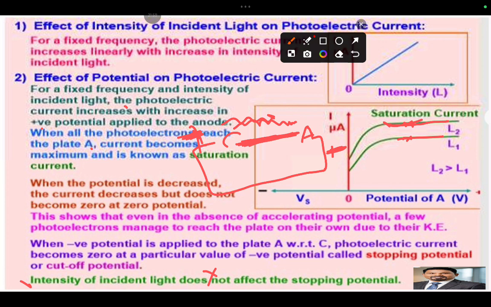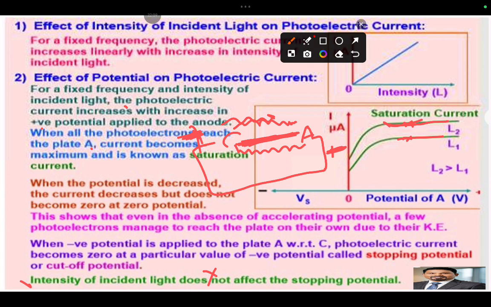So the photoelectric current is reducing but not zero. Even when we shift the terminals, because of their kinetic energy, they lately reach plate A.